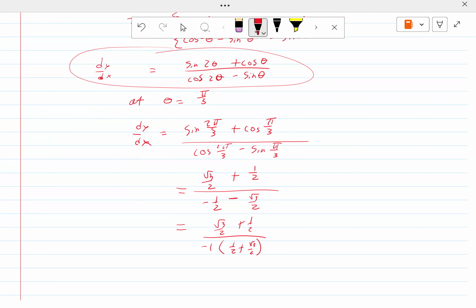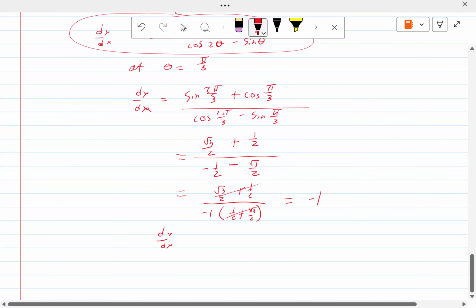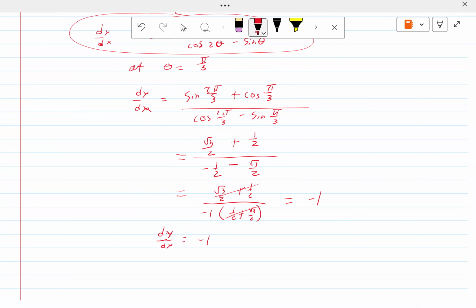Well, notice that the top and the bottom are the same thing. Those cancel, and I'm just left with negative 1. So my dy dx is equal to negative 1. And this is the slope of the tangent line to r equals 1 plus sine theta at pi over 3. It's a negative 1 slope.